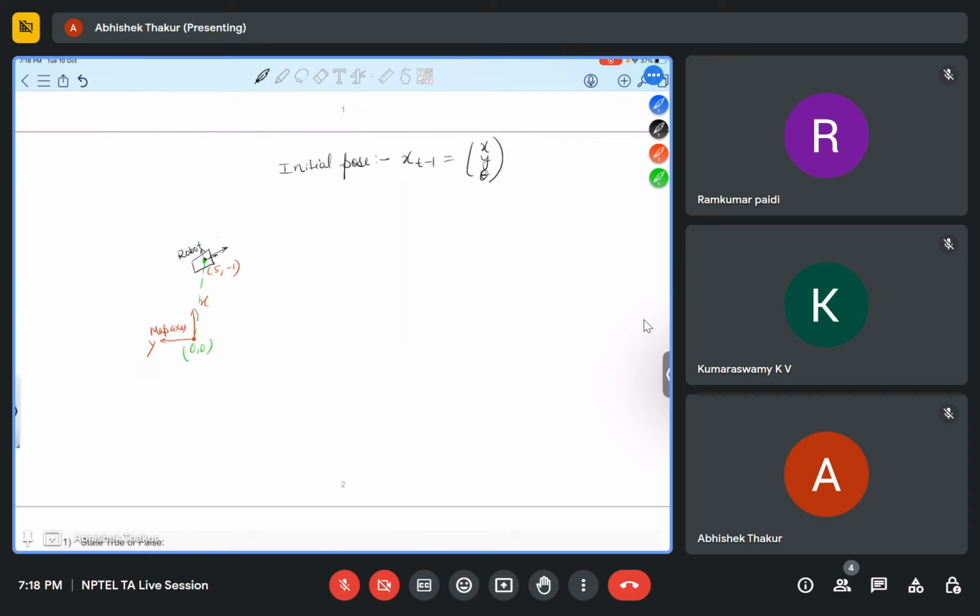Also, a control u_t can be applied. That is the action a robot can apply, the control action. This u_t can have either the velocity or the rotation.